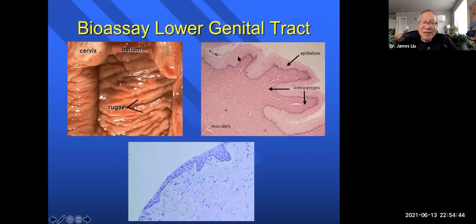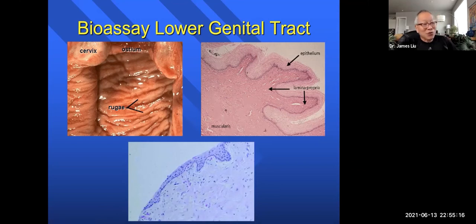And this represents, on the photomicrograph on the right, thickened epithelium with deep invaginations. In contrast, menopausal atrophic mucosa is on the bottom, showing very, very little papillae, thin epithelial surface, very little in the way of superficial cells in the epithelium, and more basal and intermediate cells.